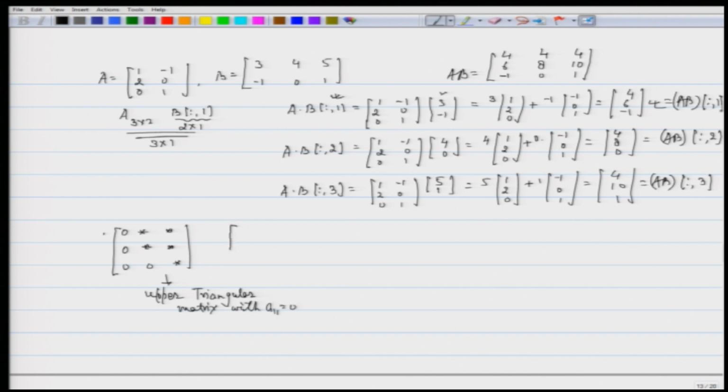I take another matrix which is again upper triangular, but I have something here which is slightly different. This is also upper triangular, but here the A22 entry is 0. I want to multiply these two matrices and see what I get.